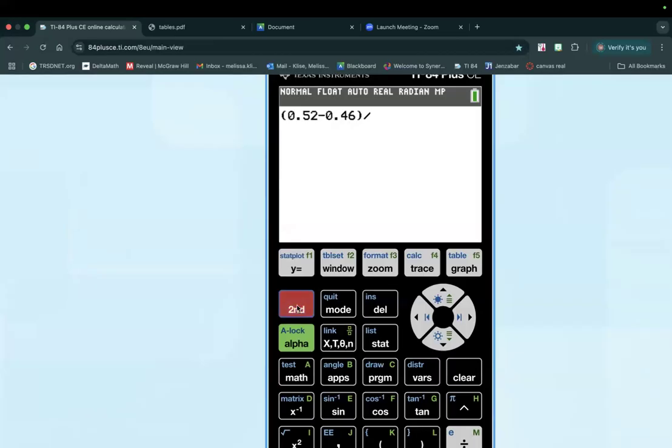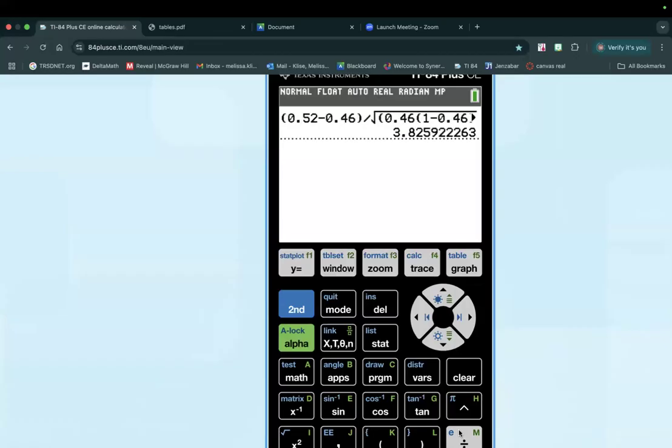Now square root, second x squared, parenthesis, 0.46. I'm going to open another parenthesis, 1 minus 0.46. I'm going to close both those parentheses, then hit divided by 1010. There we go. I'm going to hit enter.